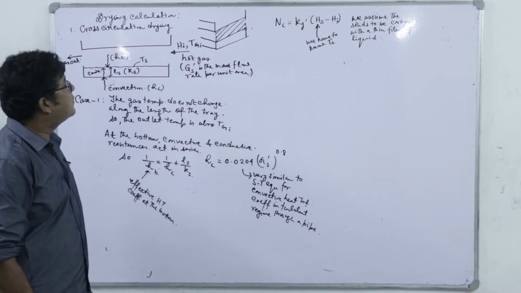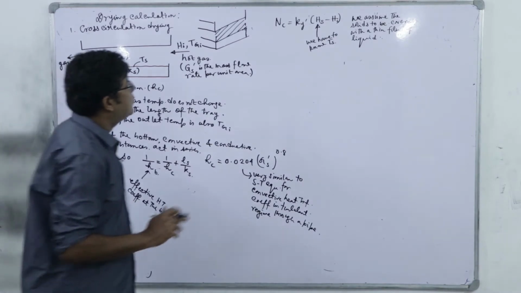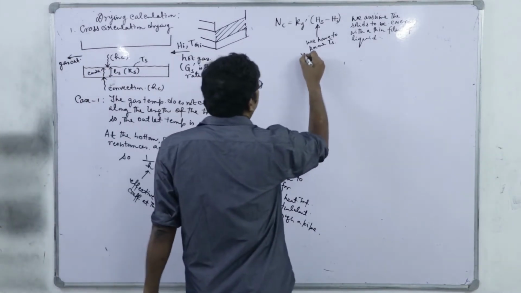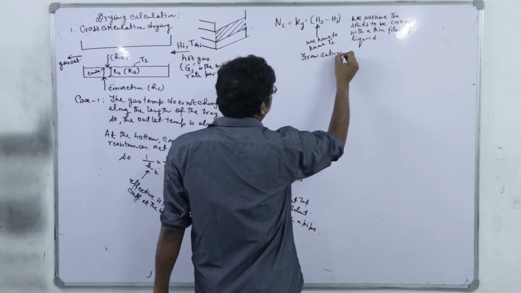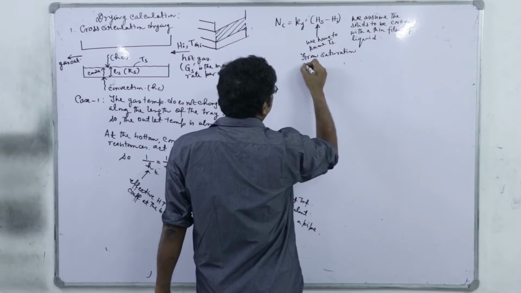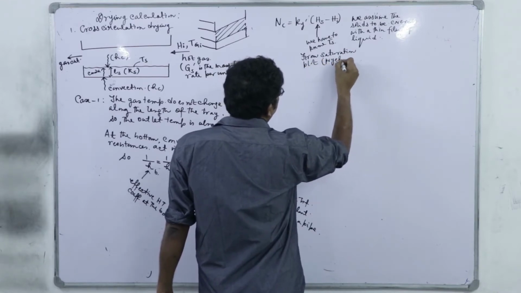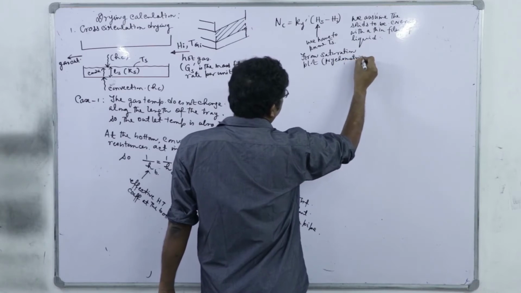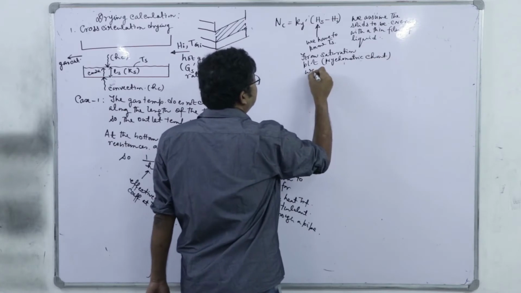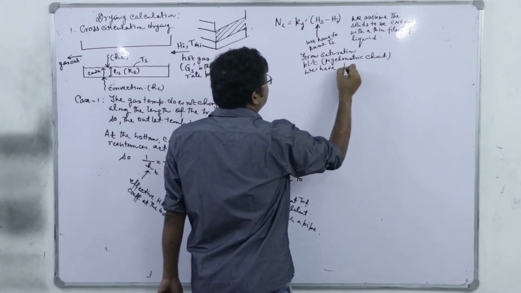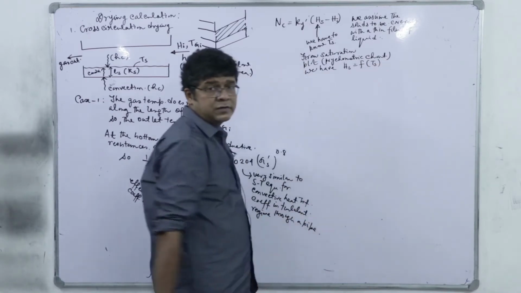So, the point is we have to generate an equation. One equation is known from a saturation relation, a saturation plot, a psychrometric chart. We have Hs as a function of Ts, that is known to us, right.